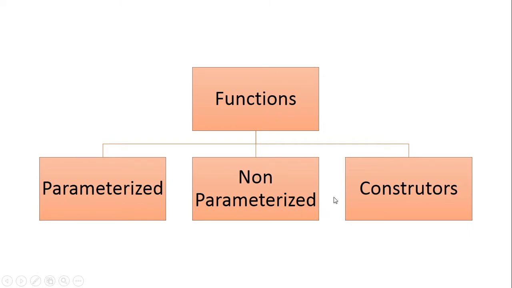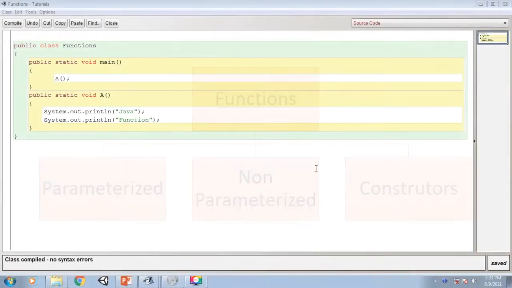What non-parameterized means is that if we do not write anything inside the brackets, then it becomes a non-parameterized function, as there is nothing inside the bracket. But if we write something inside the brackets, then it becomes a parameterized function. So let me show you.